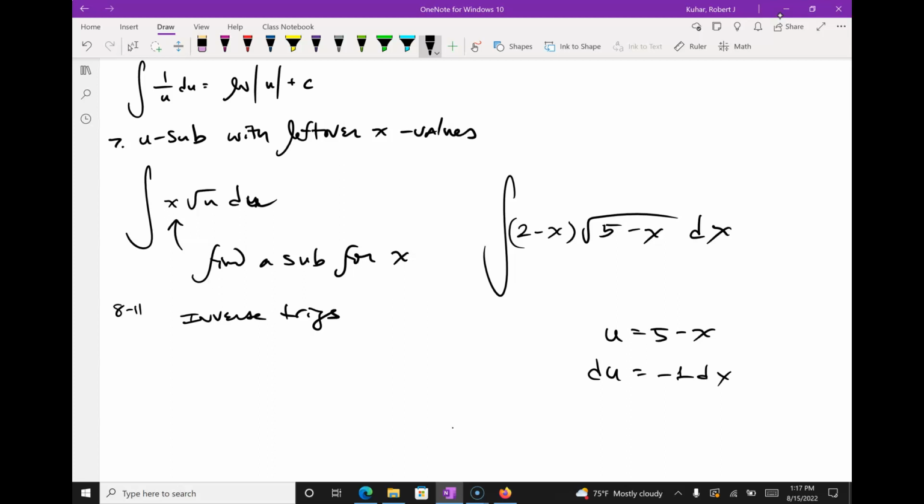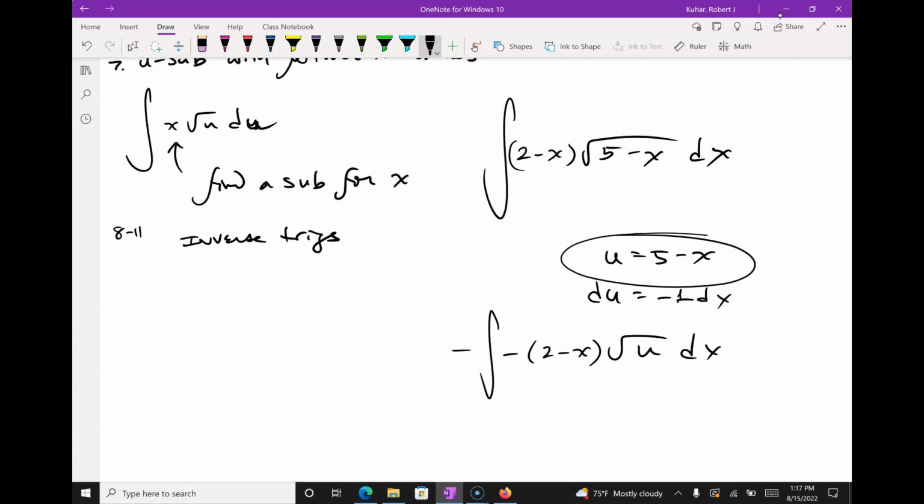But then I have a leftover 2 minus x here. I have that leftover 2 minus x. And so obviously I can solve this for x and plug it in. I'm happy to finish that one if you want me to.